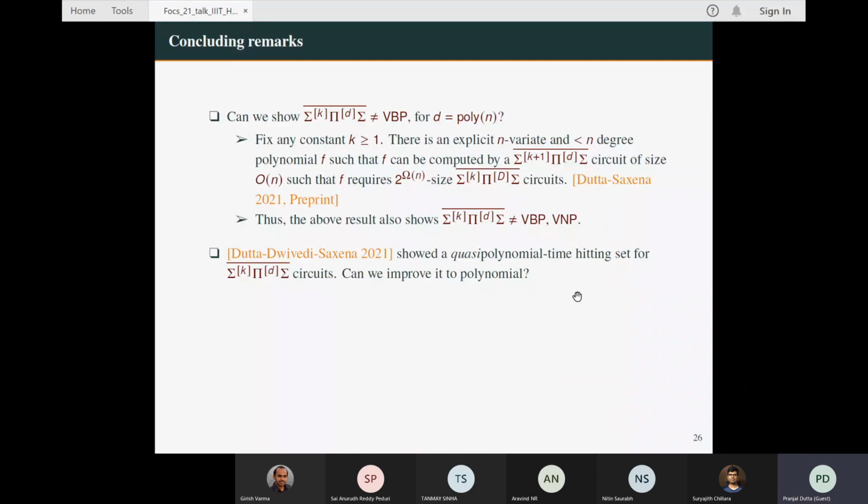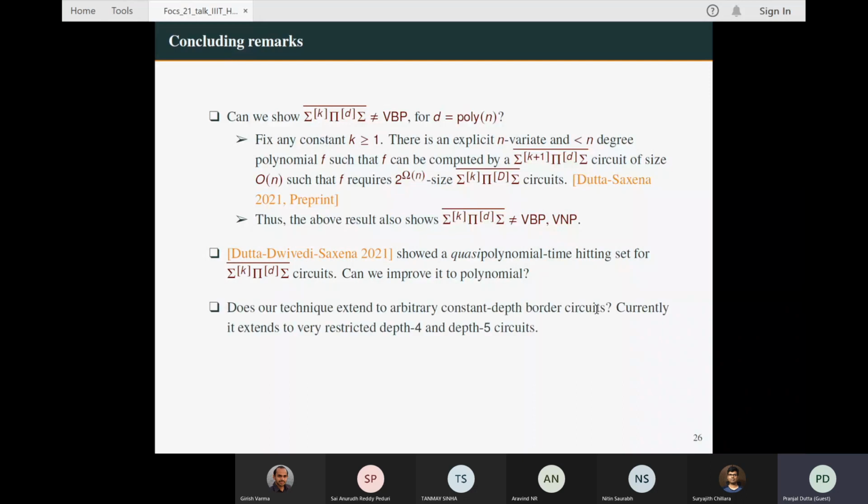And as I was saying, we can also talk about hitting sets for these classes. Just a remark: if you remove the border, then the classical circuits have polynomial size hitting sets known. In the border case that fails, but you can come up with quasi-polynomial-time hitting sets. Of course, the question is, can you improve it to polynomial?